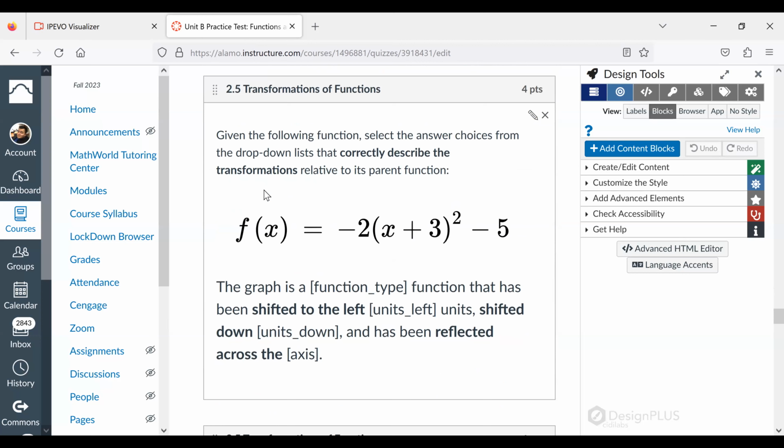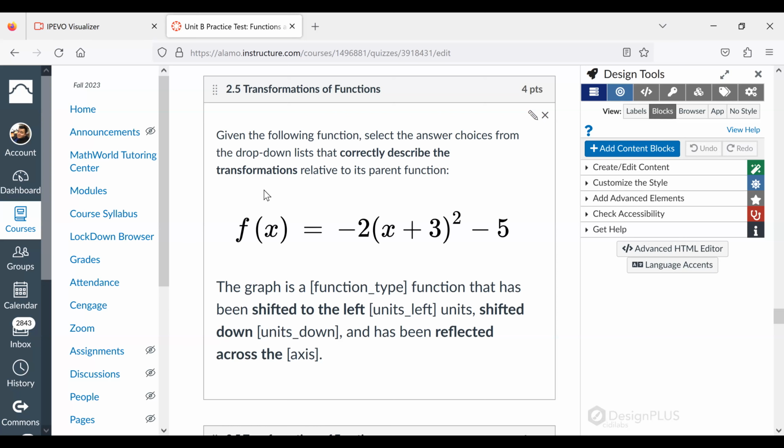18. Given the following functions, select the answer choices.